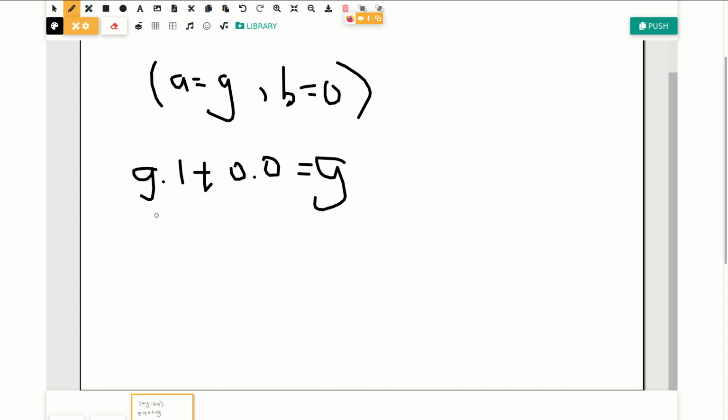Alright, and now we want to build this up to our actual a and b values. So these are the final a and b values in the Euclid GCD algorithm, and we want to build this up to the actual values of a and b.